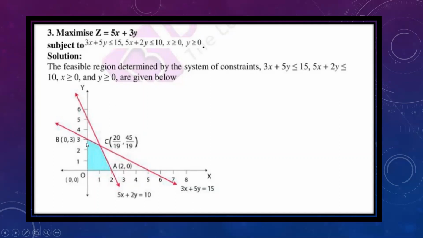So below the two lines, this blue shaded area is the feasible region which satisfies both the equations. This is called the feasible region, and from this we can later find out at which values of x and y the z is maximum. That will be the optimal solution of the problem.